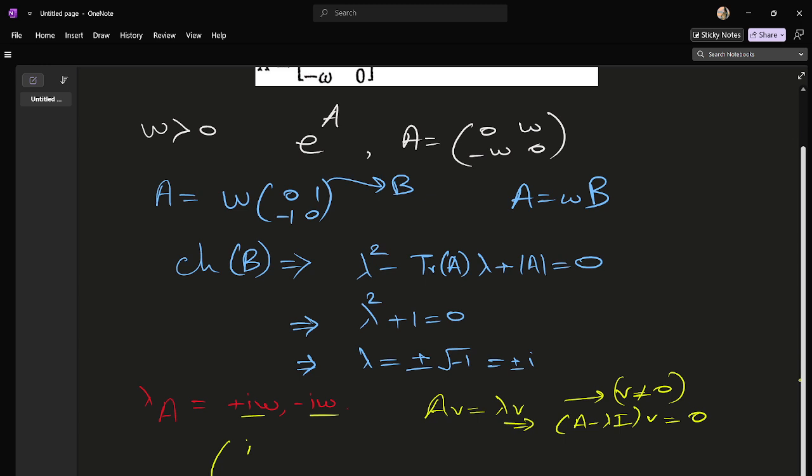So for the first one we will get this equal to 0, 0.